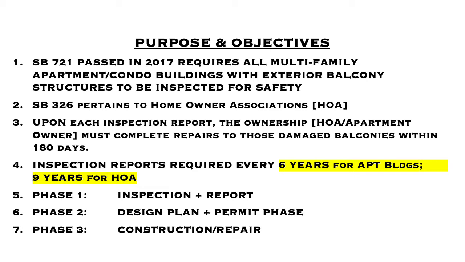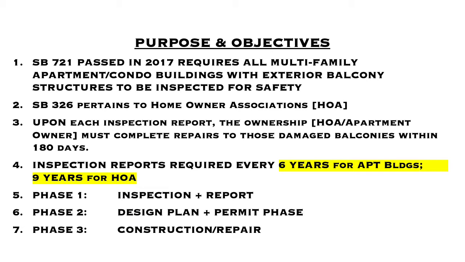Phase 1 is the initial inspection, which we will come out and do a visual inspection with some tests. I'll get into those tests, and we'll try to determine, without having to rip up any balconies, whether or not we have any issues. There are specific non-destructive tests that I will explain.